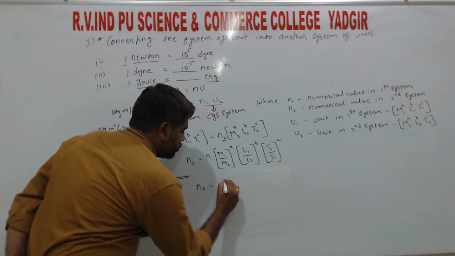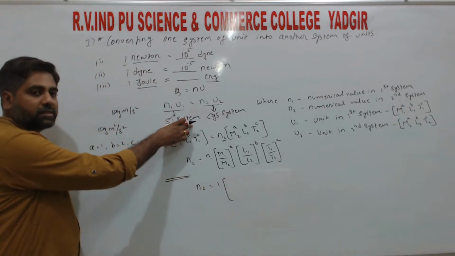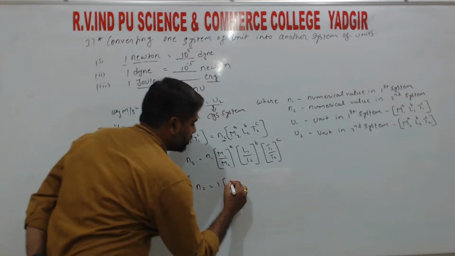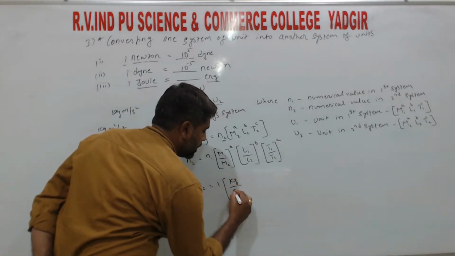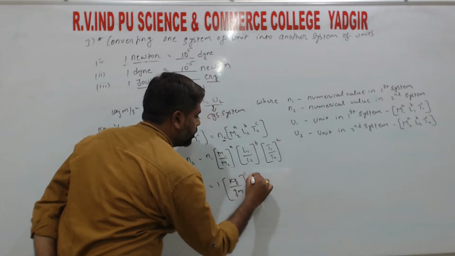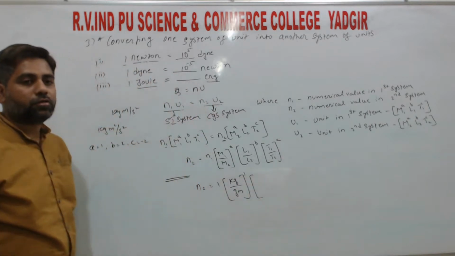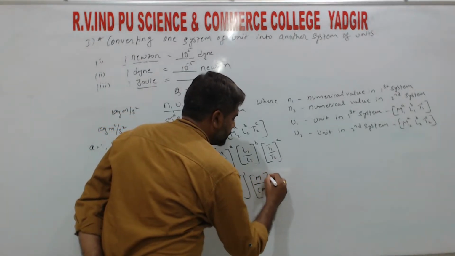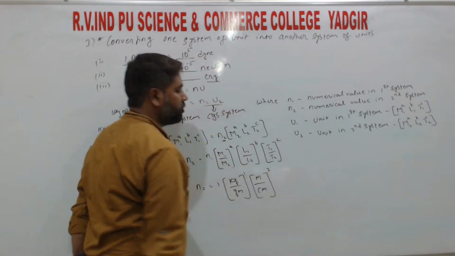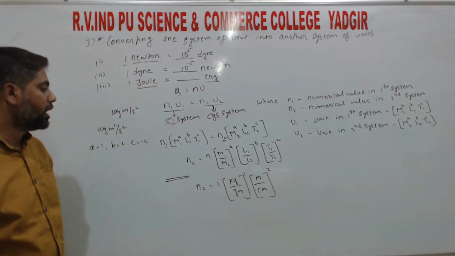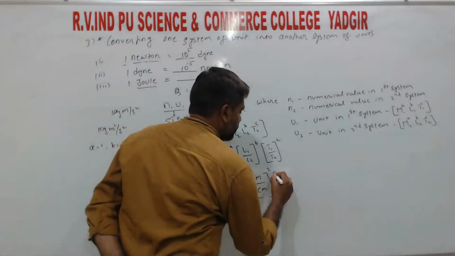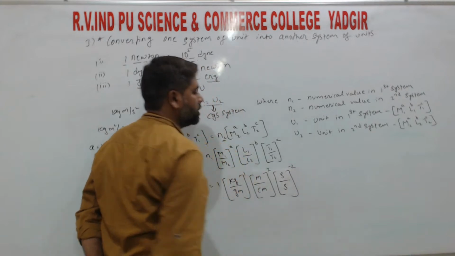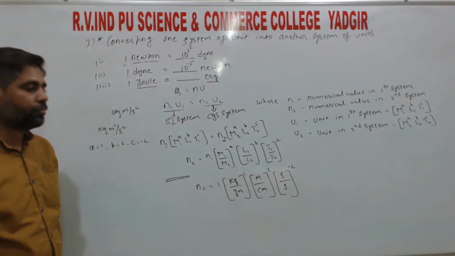So 1 into, first, since it is the SI system, in which unit do we measure mass? kg. In the CGS system it is gram, so the power is 1, right? Length in the SI system we measure in meter, and in the CGS system centimeter, so the b value is 2, right? Next, time is in seconds, so here its value is -2, right?